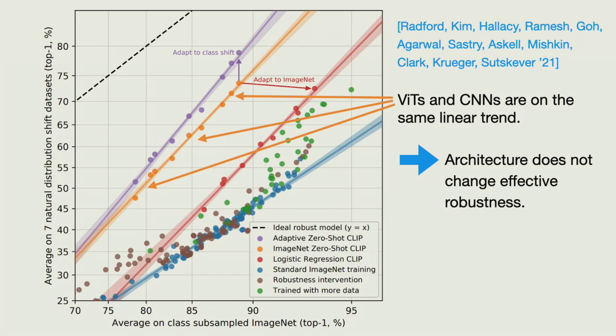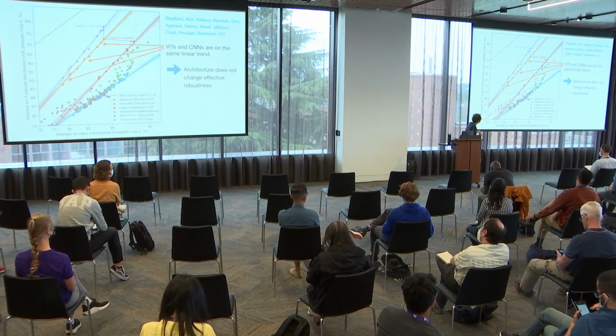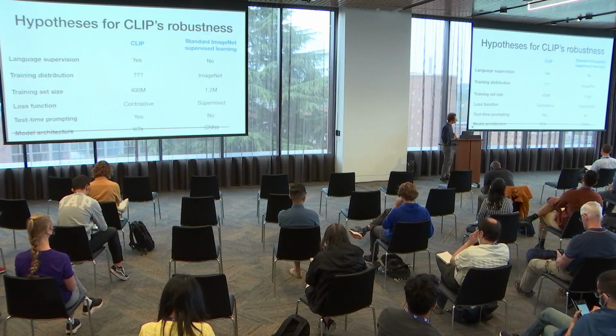So basically, architecture doesn't play a role here. This is also what we observed before in the ImageNet world. You look at all of these different architectures people proposed on ImageNet, and they're all on the same blue line. Vision transformers, if you just train them on ImageNet, also fall on the blue line. Okay, good. So model architecture is out.